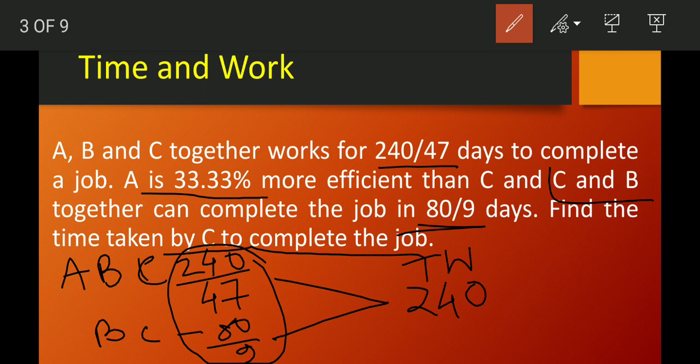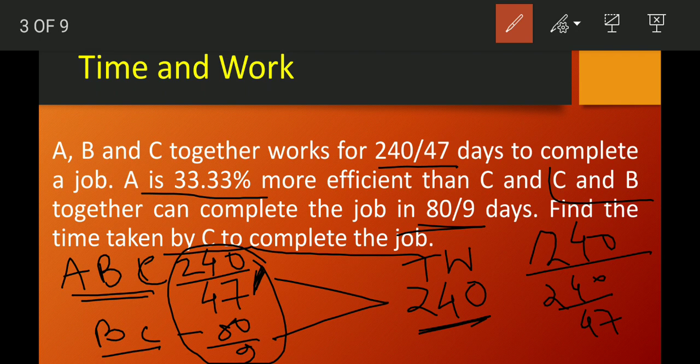After getting total work we can find out the efficiency of each of them. To find efficiency we have to divide the total work by the time taken. So efficiency for ABC would be 240 over 240 by 47.